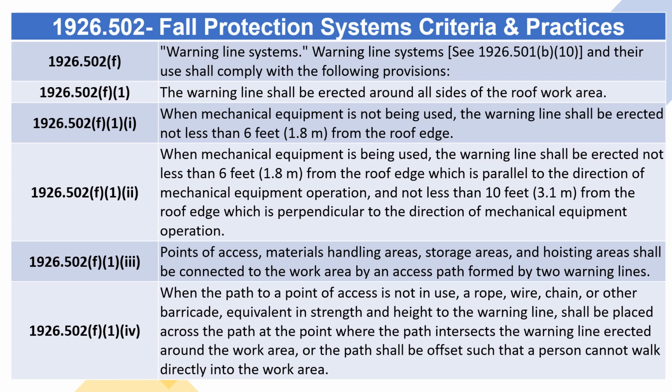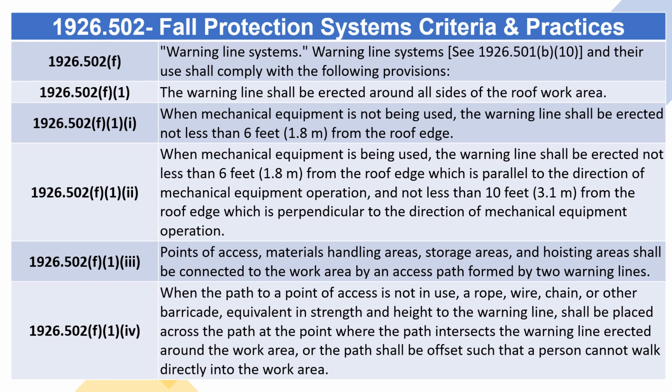When mechanical equipment is being used, the warning line shall be erected not less than 6 feet (1.8 meters) from the roof edge which is parallel to the direction of mechanical equipment operation, and not less than 10 feet (3.1 meters) from the roof edge which is perpendicular to the direction of mechanical equipment operation.